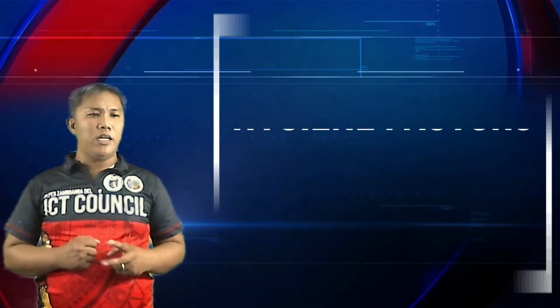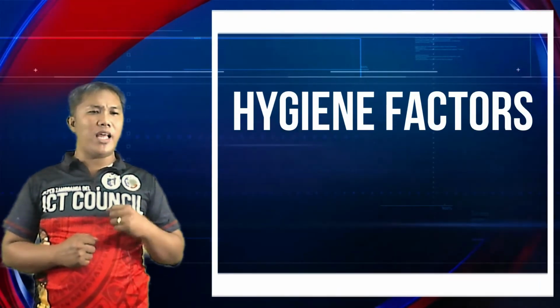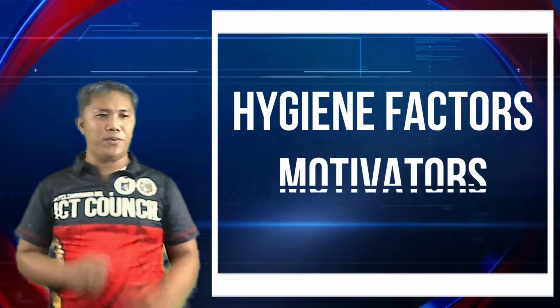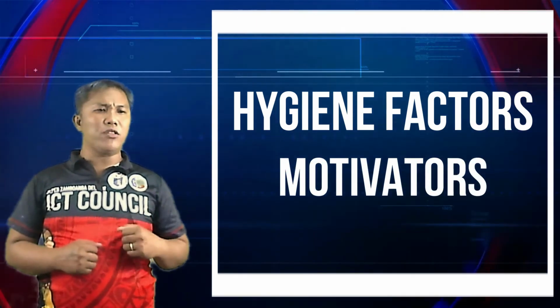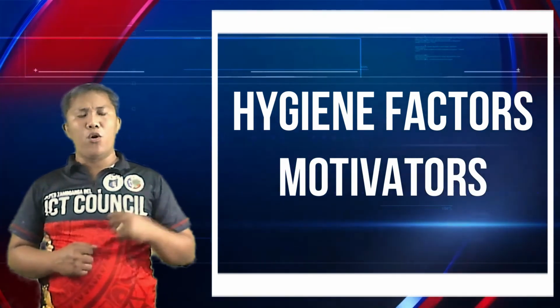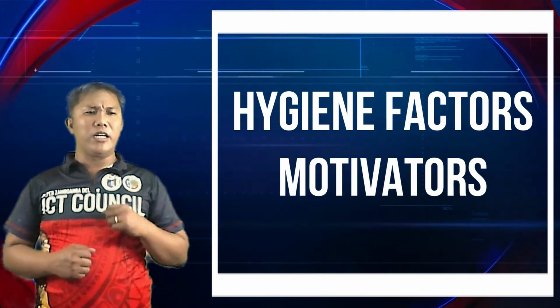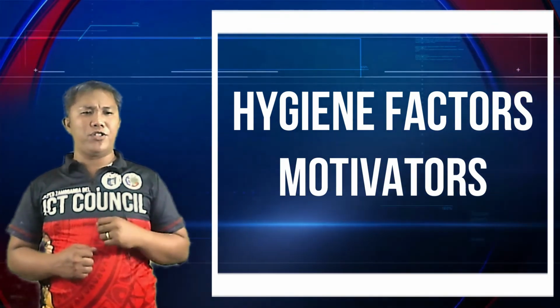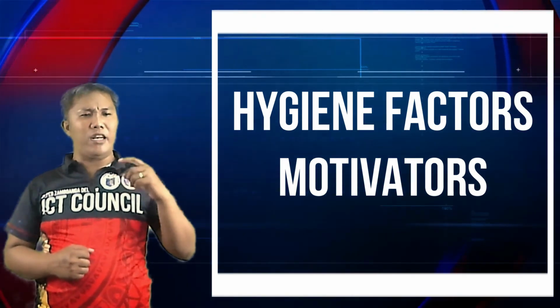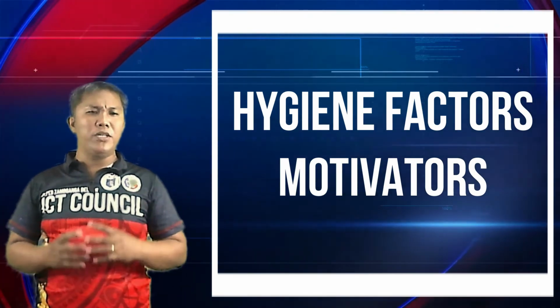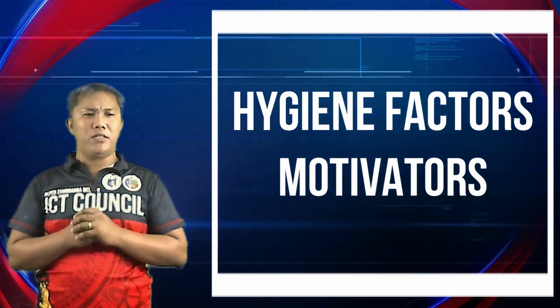Herzberg classified these factors into two categories: the hygiene factors and the motivators. Motivators include factors like achievement, work nature, responsibility, learning and growth, and others that can motivate an individual to perform better at the workplace.